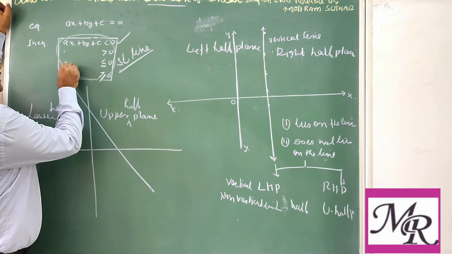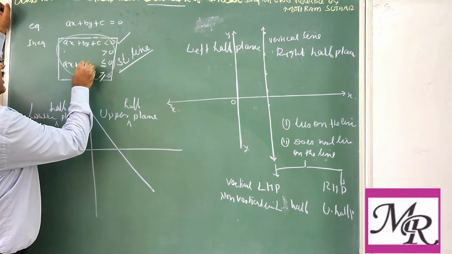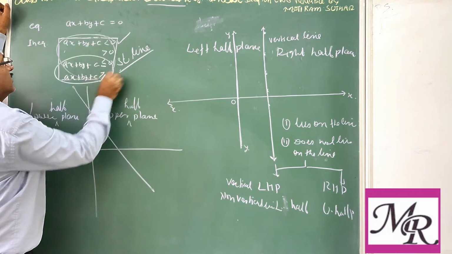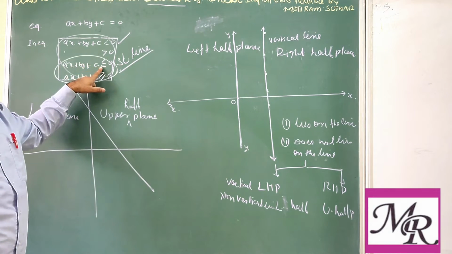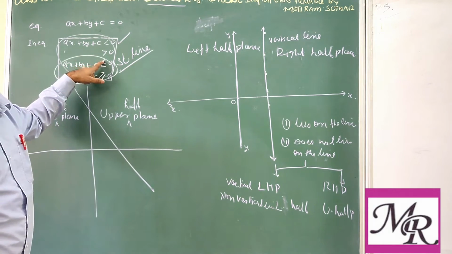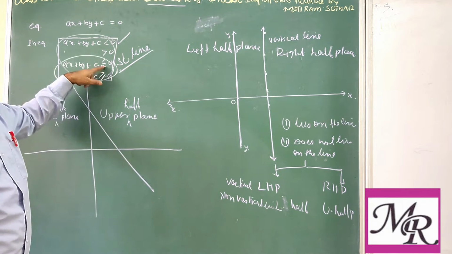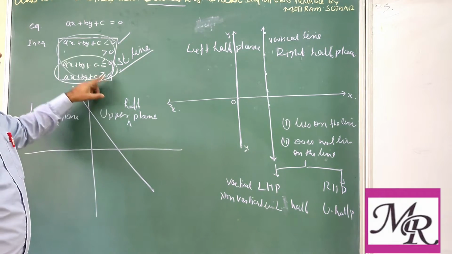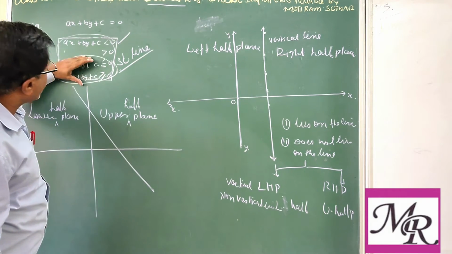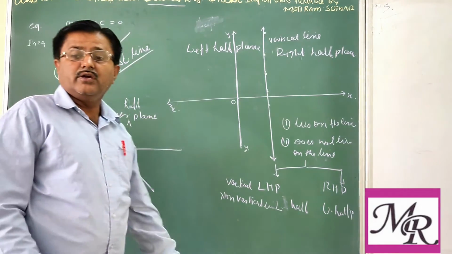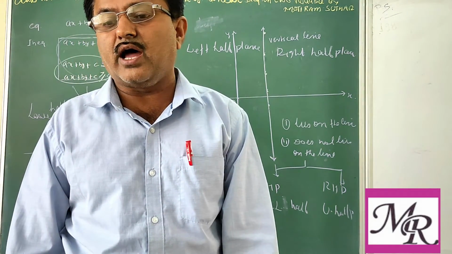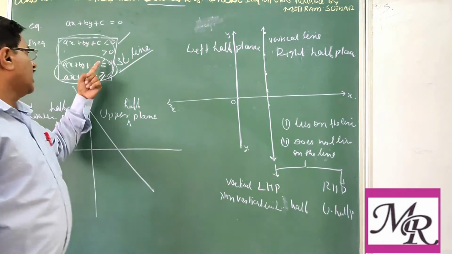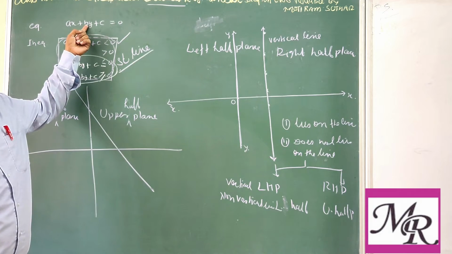This third and fourth case will work as an equation and inequality both, because there are both signs: less than or equal to means less than is the inequality and equal to is the equation. Here also greater than is the inequality, equal to is the equation. So when you find the solution of such an inequality, it will lie on the line also, because this is an equation.